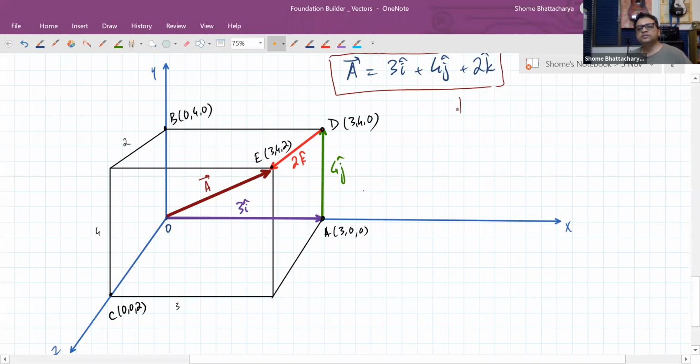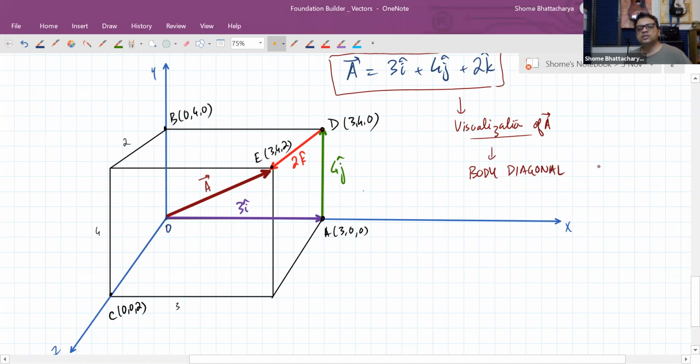So you can see, as far as the visualization of the vector E is concerned, it is the body diagonal, that is the diagonal going through the body.